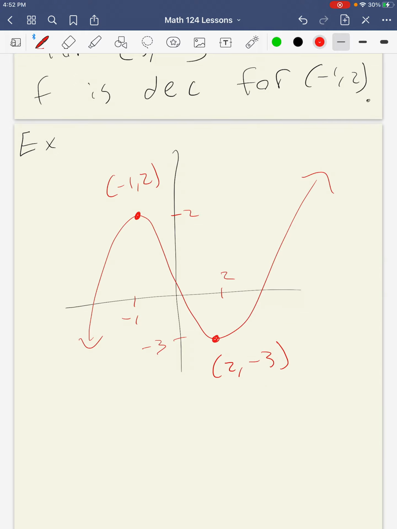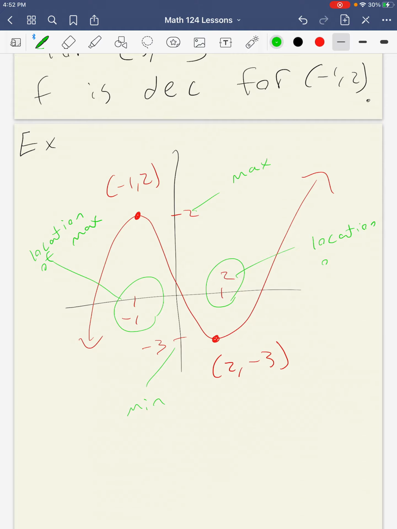Now we call this the maximum. That's the minimum. This is the location of the maximum. Here's the location of the minimum.